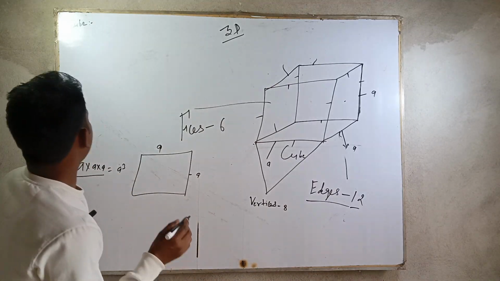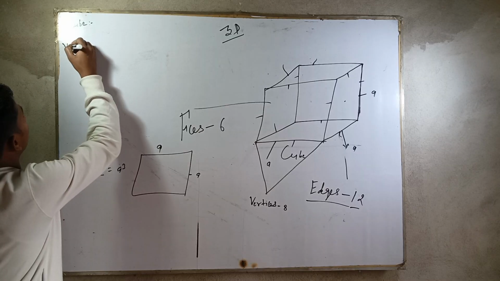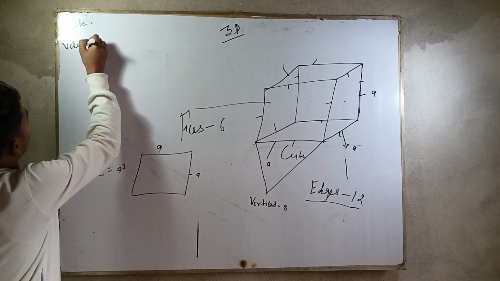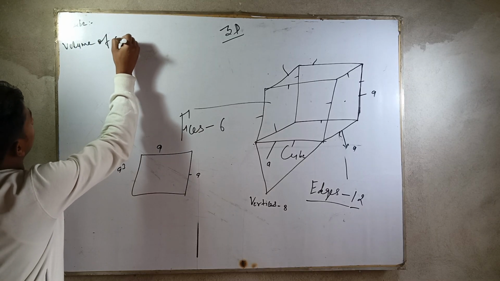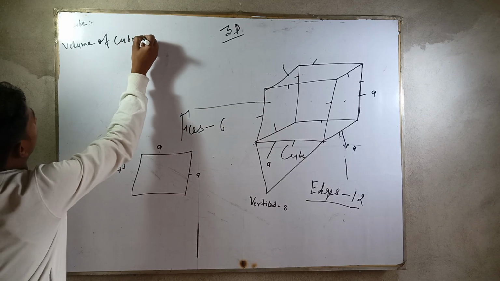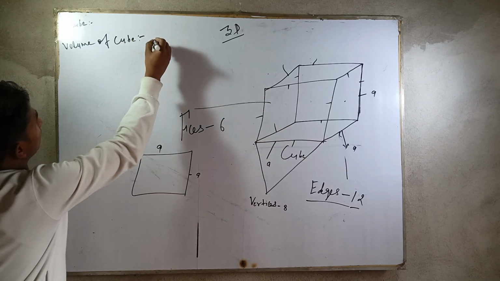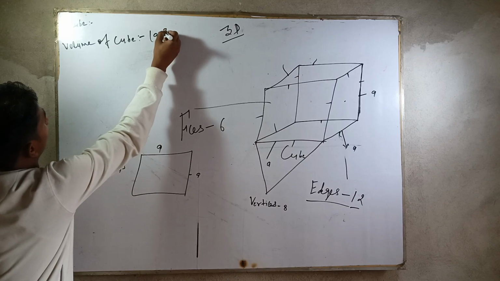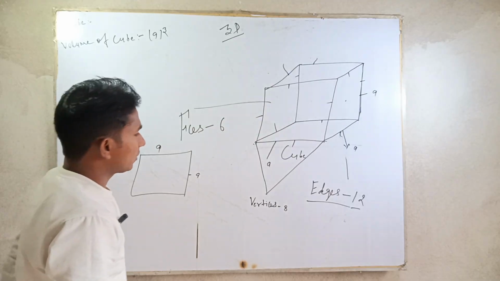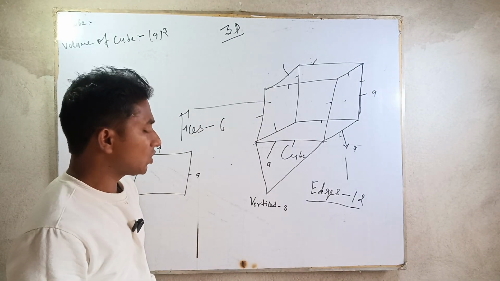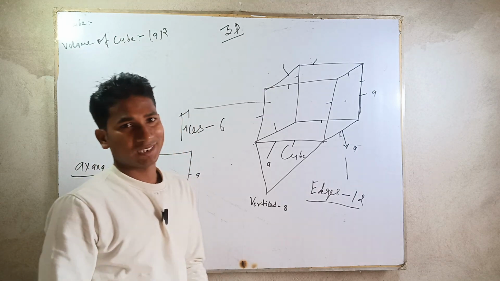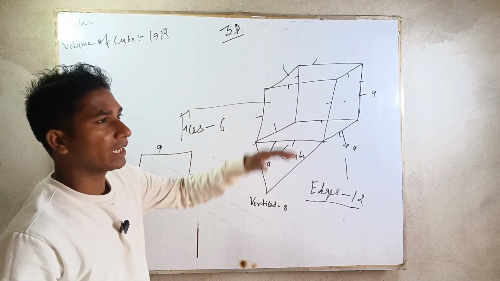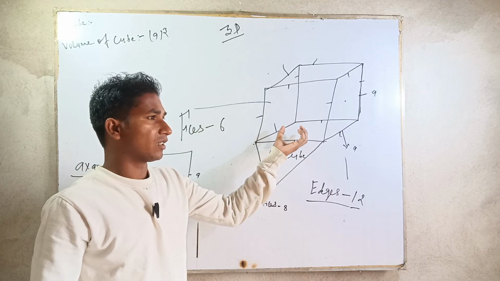So the volume of cube equals a cube. What is the meaning of volume? Volume means the capacity of holding anything in the figure.